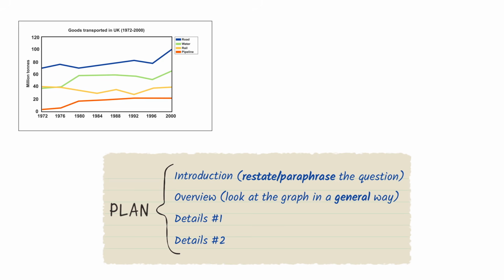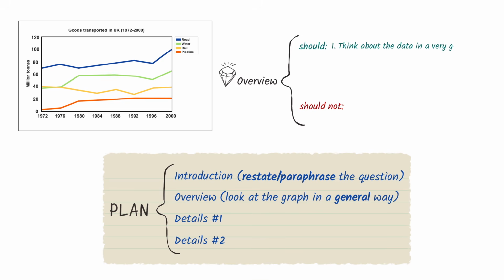Now, what is the overview paragraph? When we plan our overview, we should think about the data in a very general way. So what you absolutely shouldn't do here is include any specific figures. So you shouldn't talk about any numbers or figures in this paragraph.